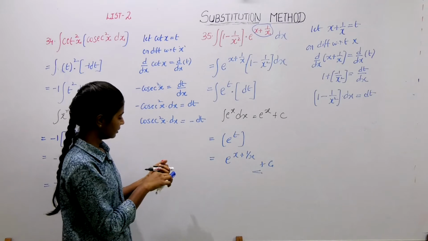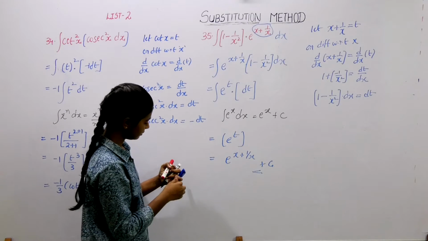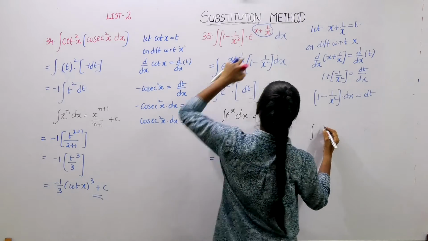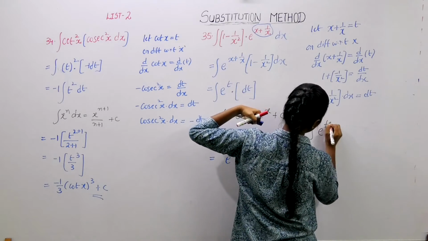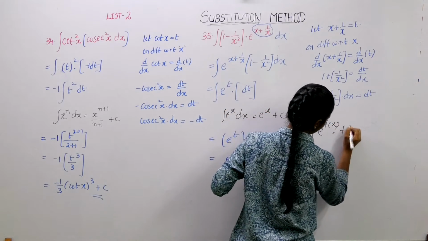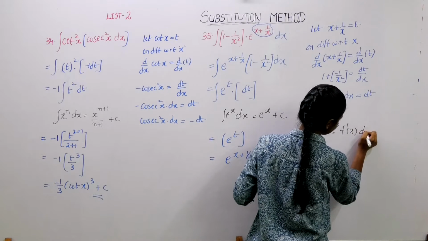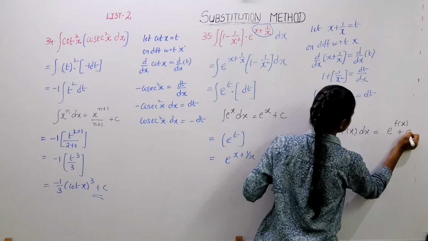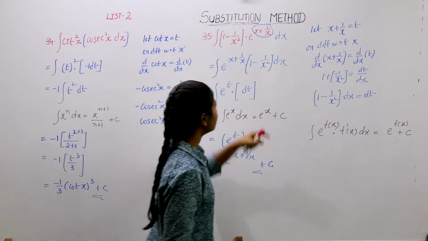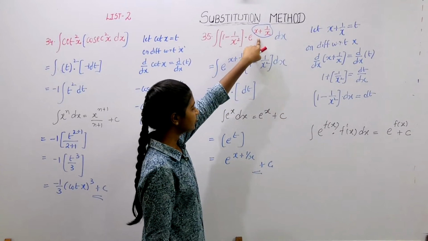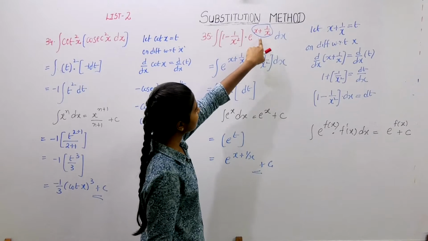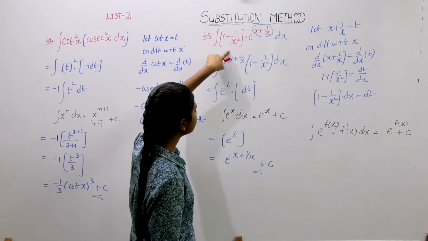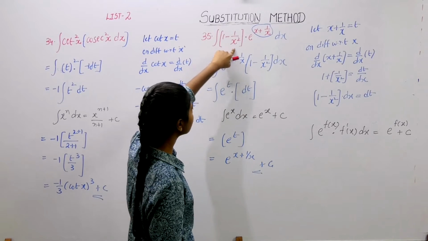From this, we can conclude with the formula: if we have integral e power f of x into f dash of x dx, it is equal to e power f of x plus c. That is, in the power of e, let the function be f of x and the differentiation be in the product form, that is f dash of x.